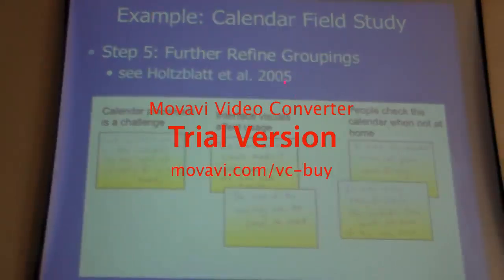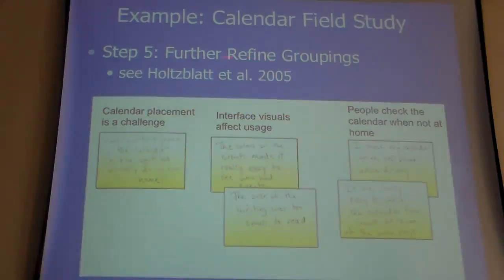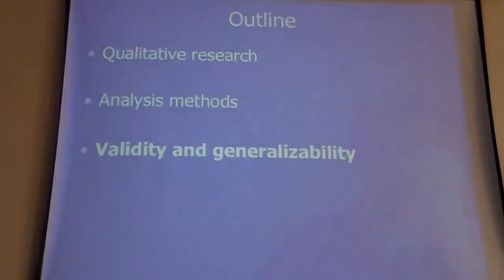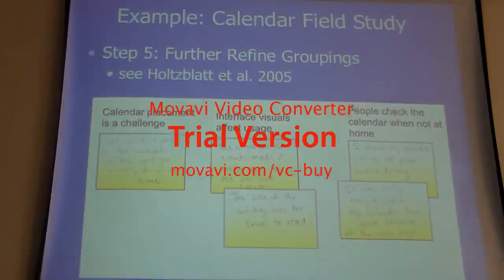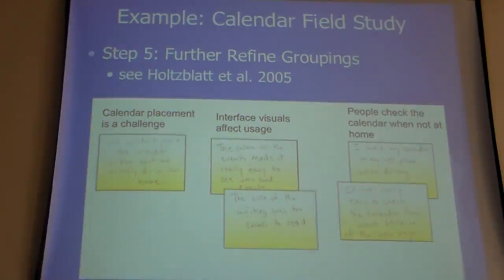This is the reference, Holtzblatt et al. 2005, the author and the year. Further refine grouping makes clustering. This is a simple example, but in reality, when you do a quite big study, you will get so many groupings.